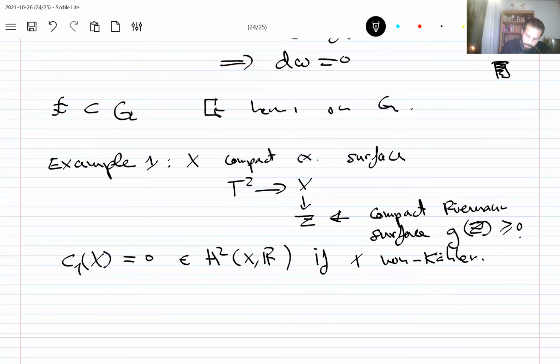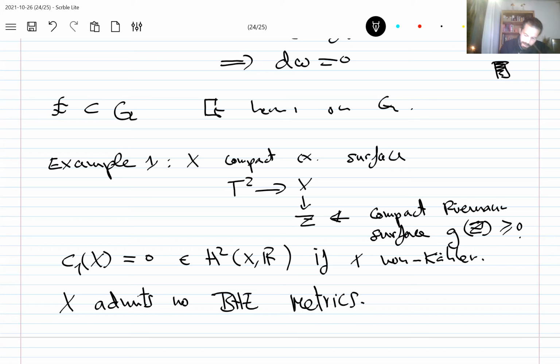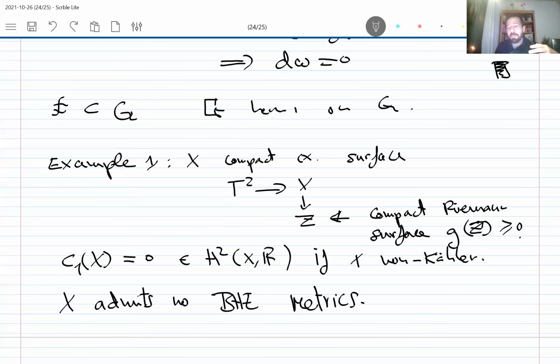And applying the previous result, we get that X admits no Bismut Hermitian-Einstein metric. And the way to prove this is by, let me put it this way, you just evaluate in any possible positive Aeppli class.